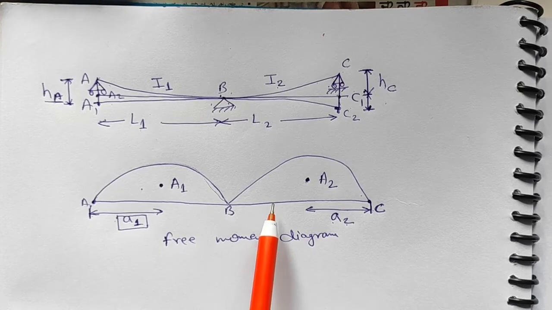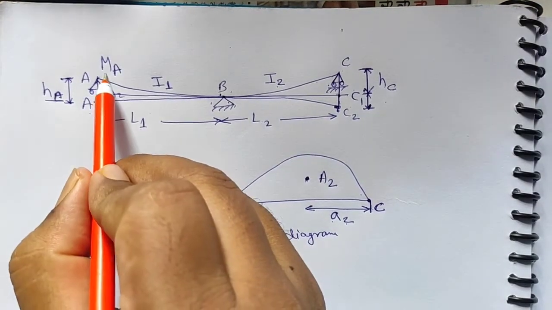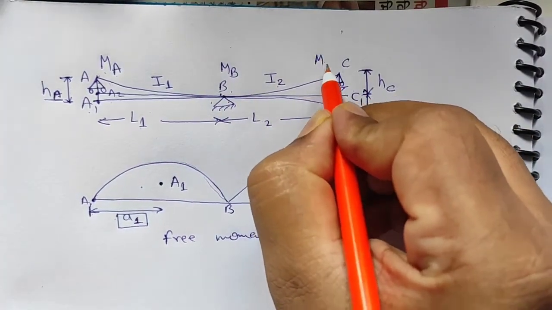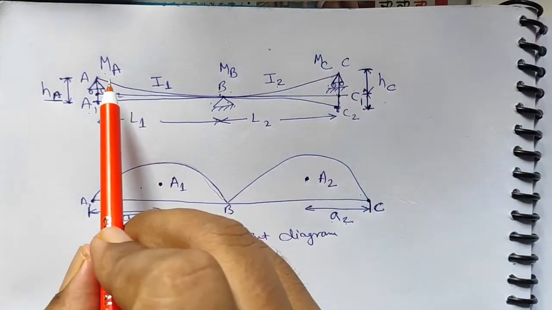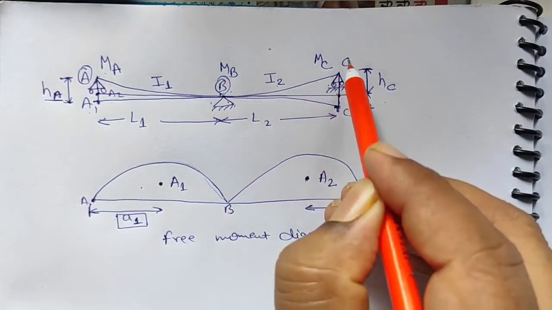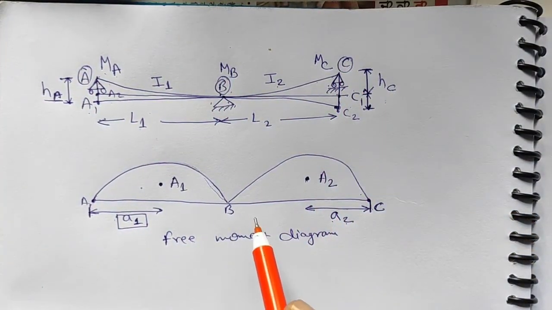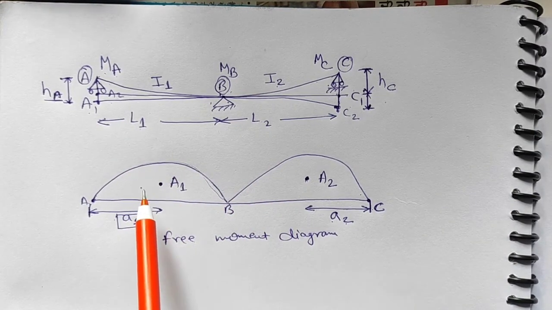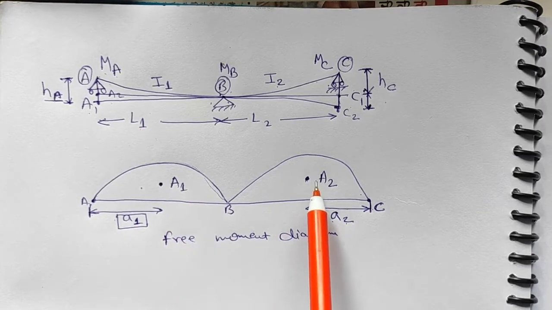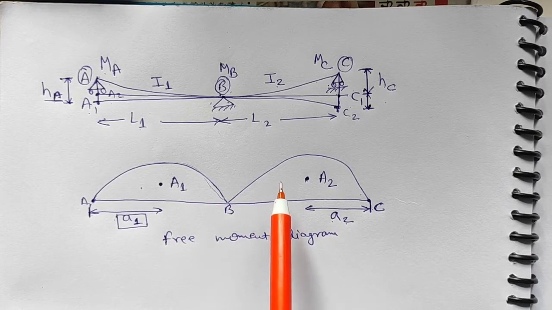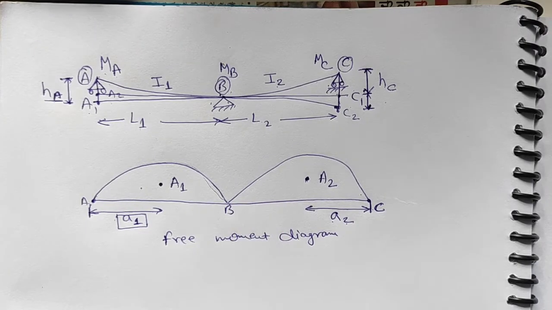Let MA, MB and MC be the moments at supports A, B and C respectively. These are the main points we can study from this diagram, which will be applicable in the moment equation.